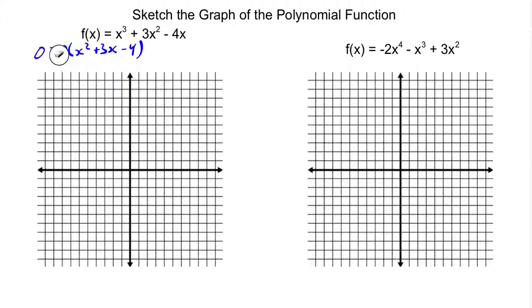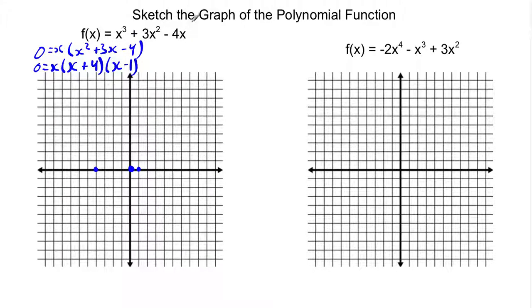I did not factor out a 0, I factored out an x. That's what I'm confused about. There we go. Okay, so we're going to have 0 is equal to x times (x plus 4) times (x minus 1). So that gives us x-intercepts of 0, negative 4, and positive 1.